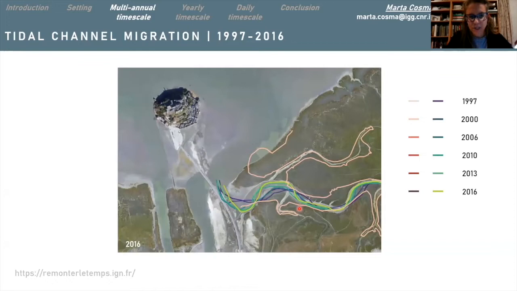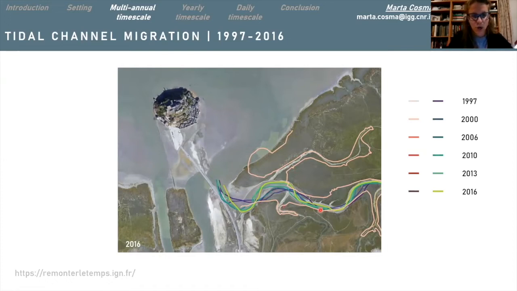So again, what happened during the last 20 years is a huge expansion of salt marshes, and the channel migrated before 2010 in an overall seaward migration, but with back and forward movement from landward to seaward, whereas when salt marshes developed, the meanders started to increase their sinuosity and to expand toward the north.